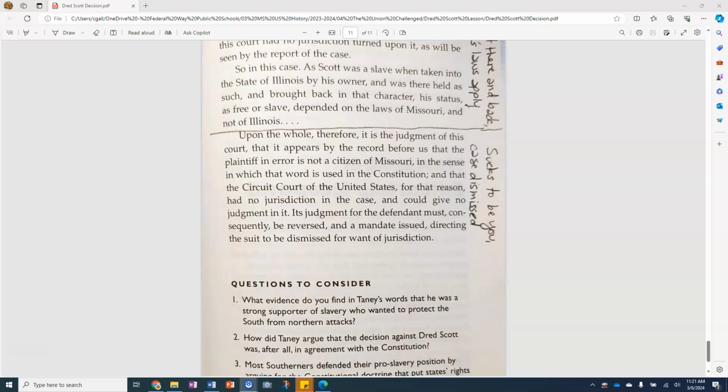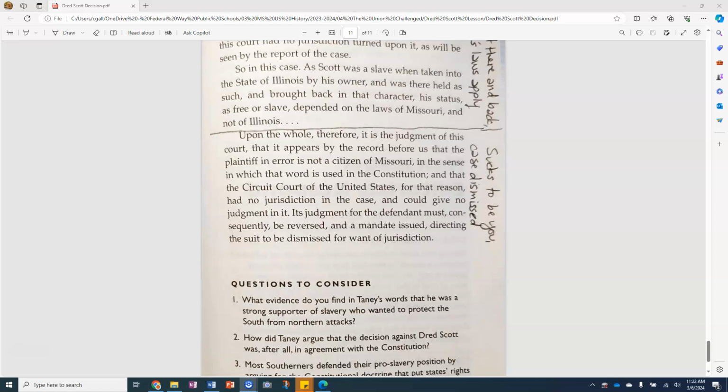So now he's really just summarizing, right? He says, Scott wasn't a citizen in the sense that word was used at the time the Constitution was adopted, right? And is not now a citizen.